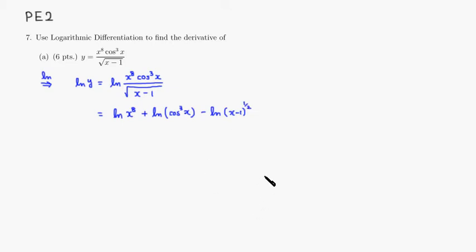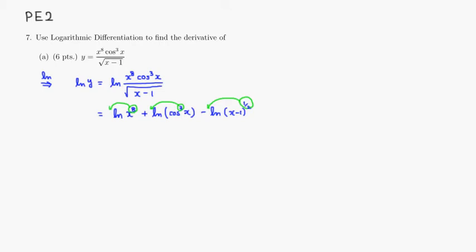Then the next step is another property of the log function. If you have a power, we can put it right in front. Same thing with the cubed here: we can put 3 in front, and here's 1/2, which you can put right in front.